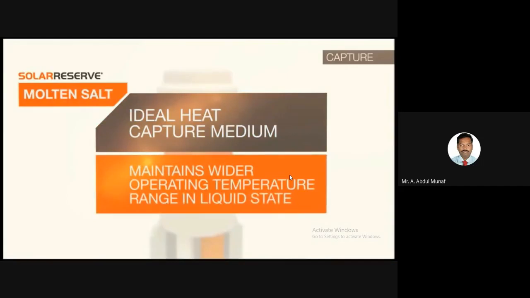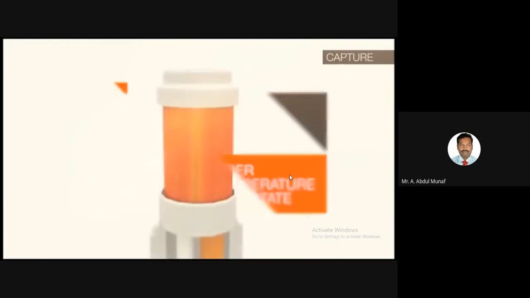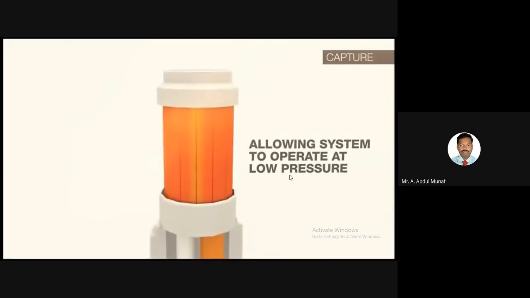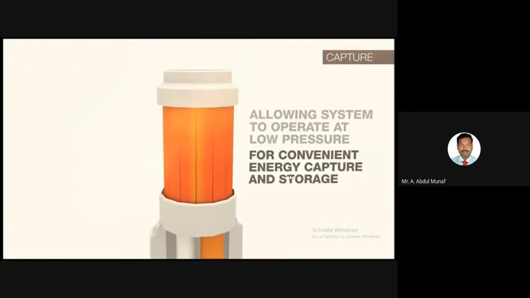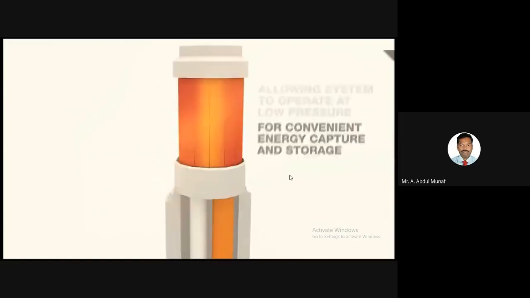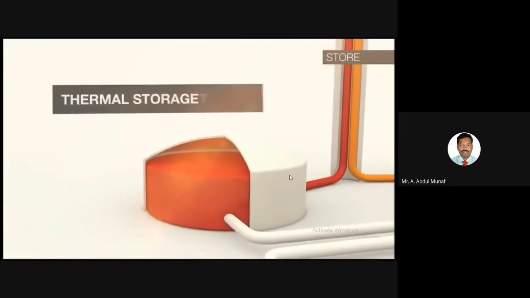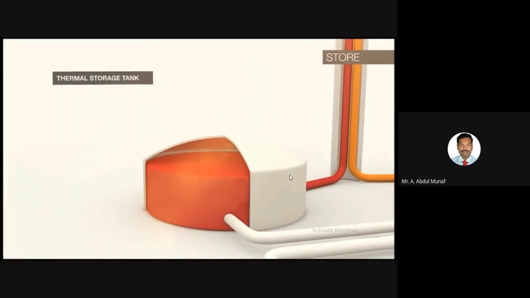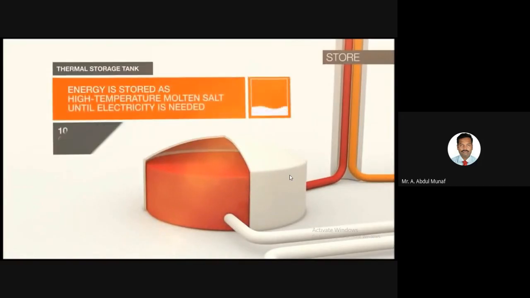Allowing the system to operate at low pressure for superior, safe energy capture and storage. After passing through the receiver, the molten salt then flows down the piping inside the tower and then to a thermal storage tank where the energy is stored as high temperature molten salt until electricity is needed.